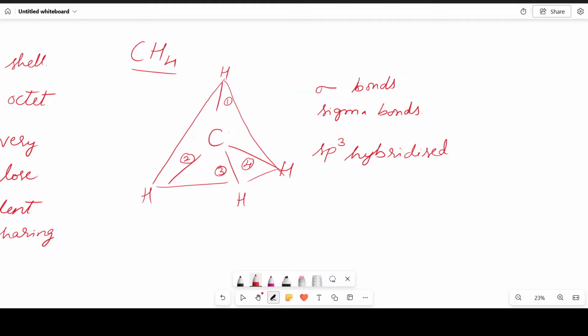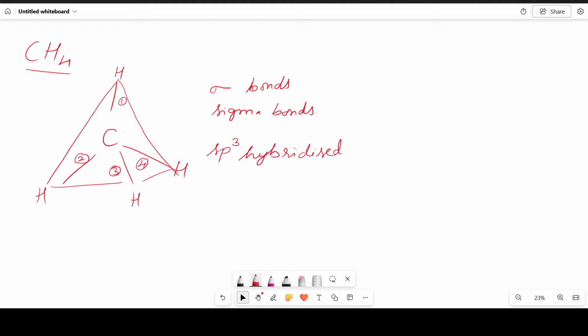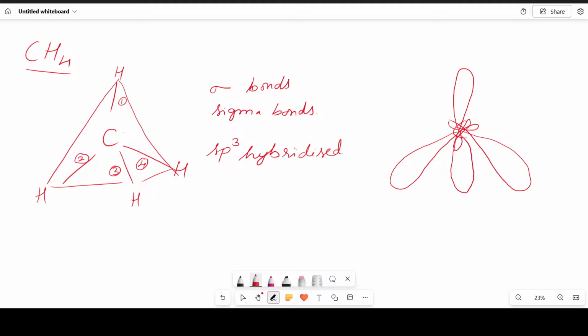So today let us look at what these sp3, sp2 and sp hybridizations are. When the carbon atom is sp3 hybridized, each sp3 hybridized orbital will direct itself to the four corners of the tetrahedron, forming tetrahedral geometry, and it binds with the hydrogen atom.